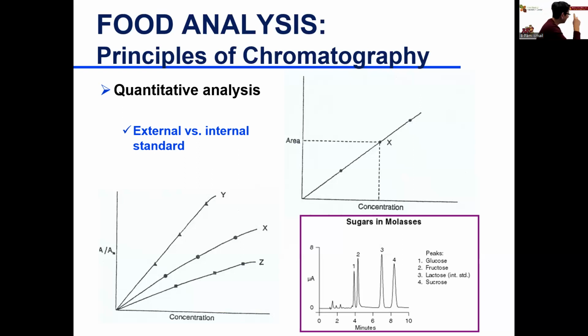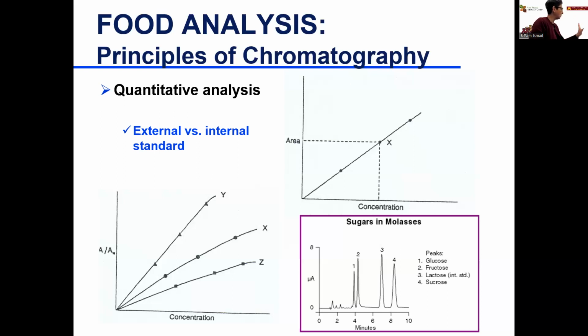Now in this example, you are looking at the sugars in molasses. The sugars in molasses are glucose, fructose, and sucrose. Lactose is not present in molasses; lactose is present in dairy milk. So lactose can be your internal standard. It's a disaccharide made up of glucose and galactose, so it will elute within your time frame.